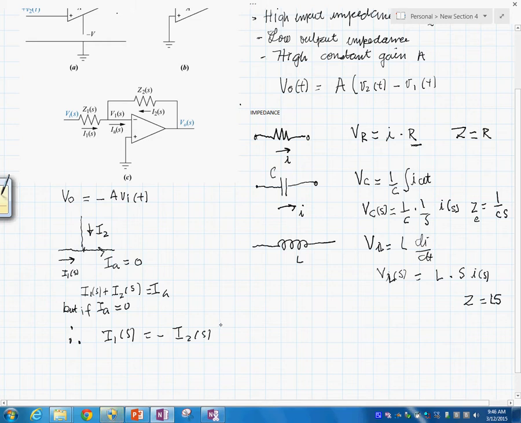So you could write down from here that if you equate this, you have I1 of S equals minus I sub 2. So you could actually write this I1 of S is equal to V sub 1 over Z1.